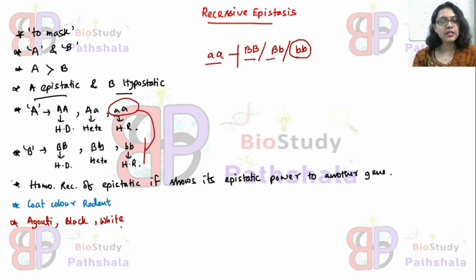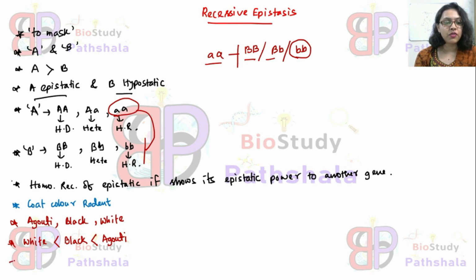Among these three coat colors, white is more recessive than black and agouti, and black is more recessive than agouti. That means white is the most recessive form among these three coat colors, and this recessive epistasis gives rise to a 9:3:4 phenotypic ratio.